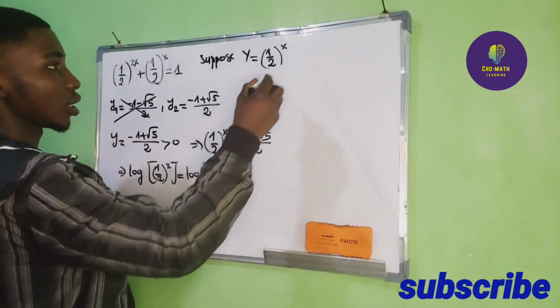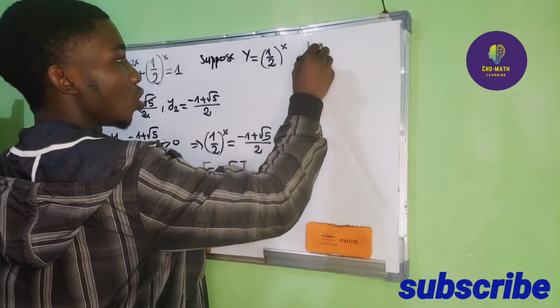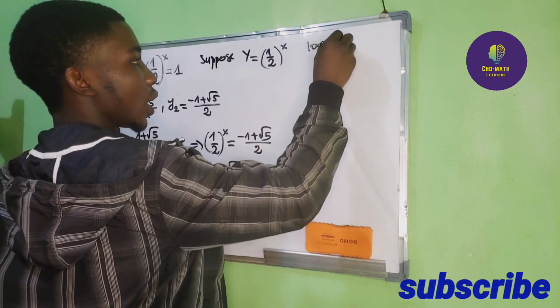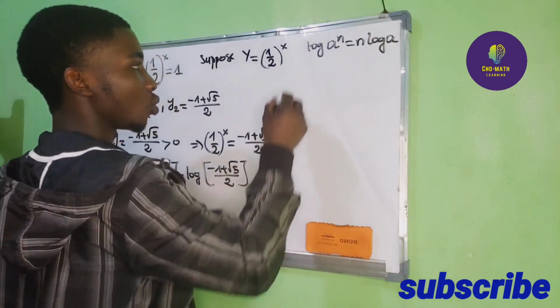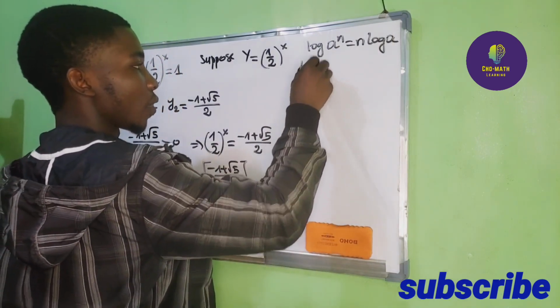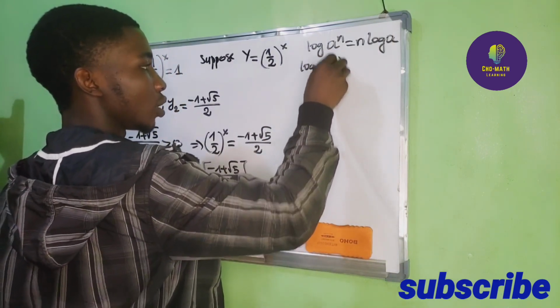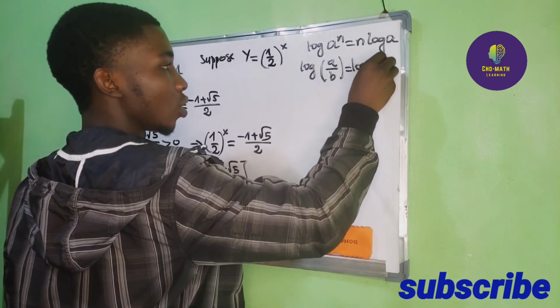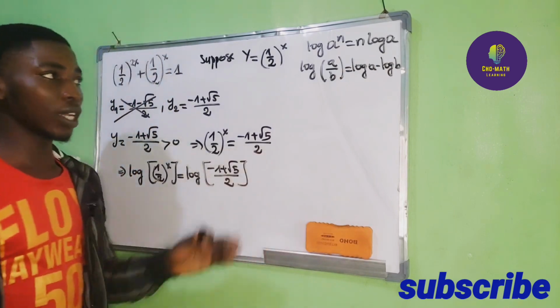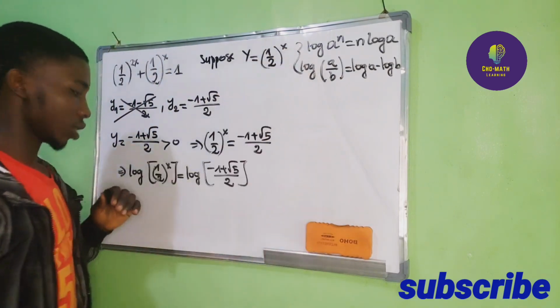Now we know that the log of a power n is equal to n log of a, and we also know that the log of a on b is equal to the log of a minus the log of b. We're going to apply these two formulas here.